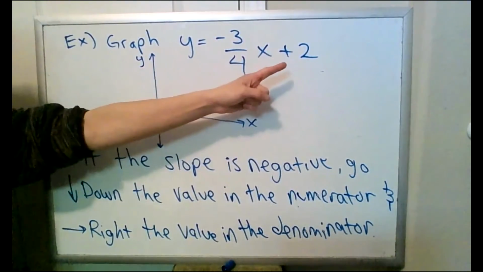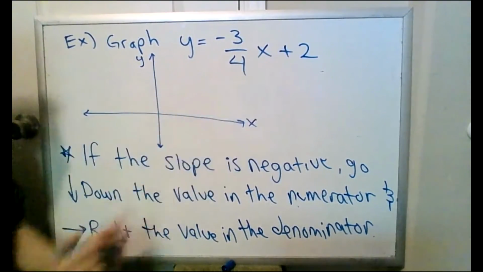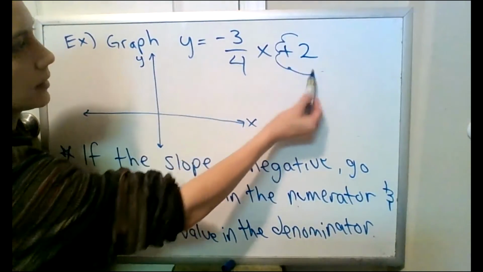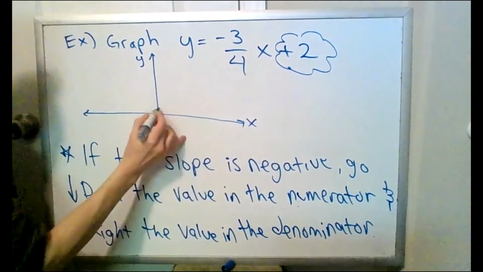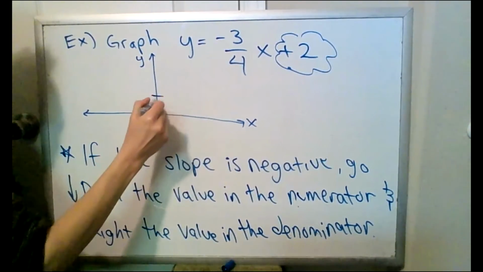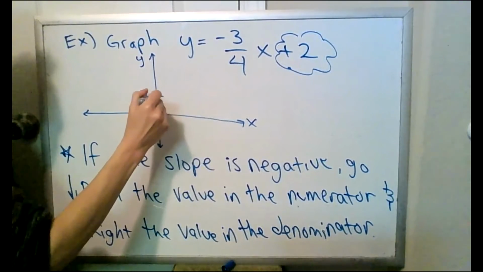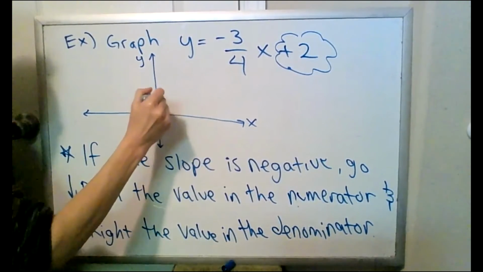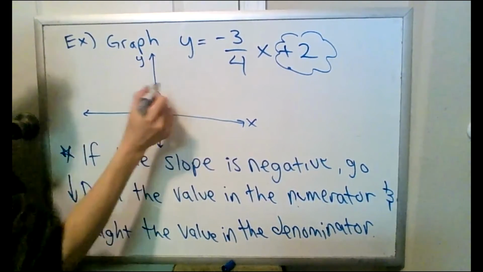We're going to start here at the point (0, 2), your y-intercept. So on the y-axis, up 2. Let's make some more units.